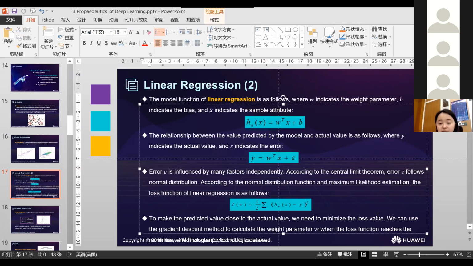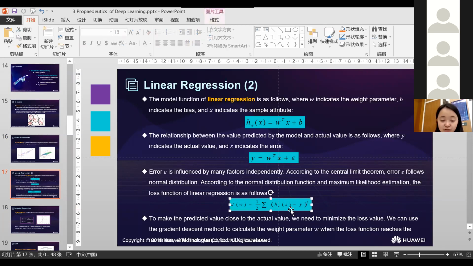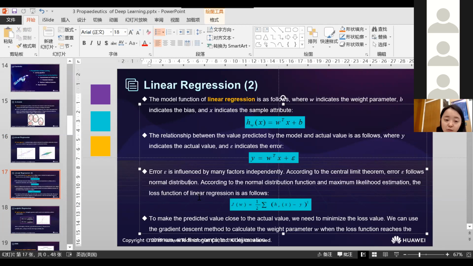To compare the difference between the actual label and the prediction, we use a loss function. Usually we use mean square error as the loss function for linear regression. Our aim is to minimize the value of the loss function during the training process.